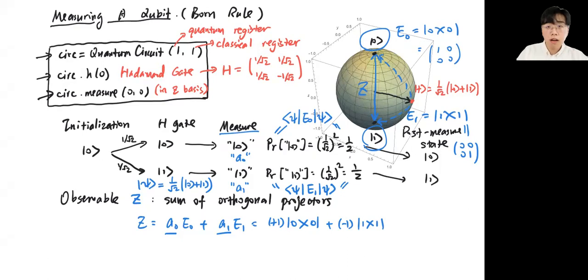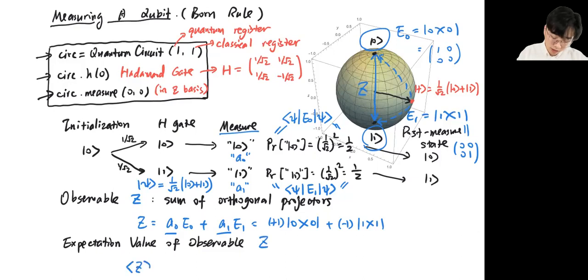Another concept that appears commonly is the expectation value of the observable. In our case, we denote it as ⟨Z⟩, which is defined by the summation of A_i times the probability of measuring A_i. And very conveniently, this is equal to ⟨psi|Z|psi⟩.